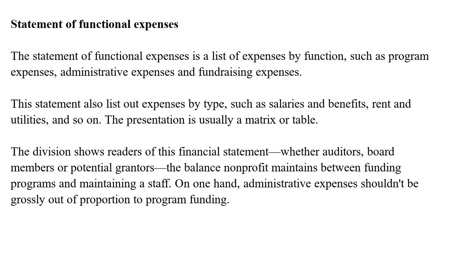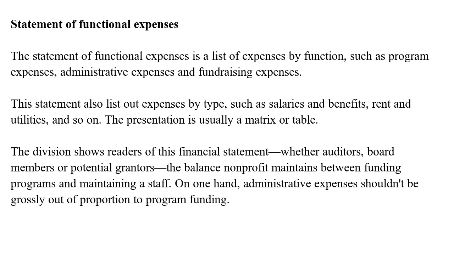The presentation is usually a matrix or table form. The division shows readers of this financial statement, whether auditors, board members, or potential grantors, the balance a non-profit maintains between funding programs and maintaining a staff.